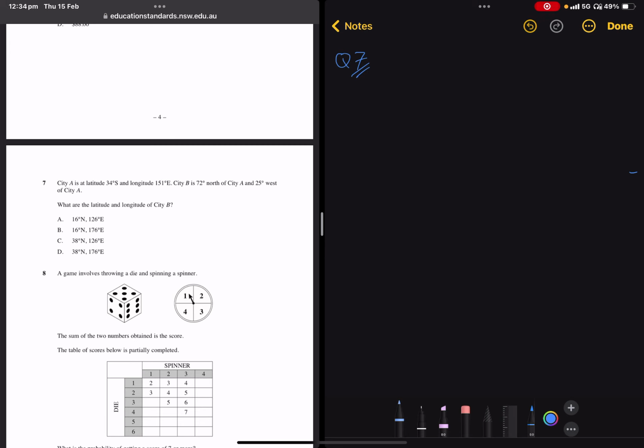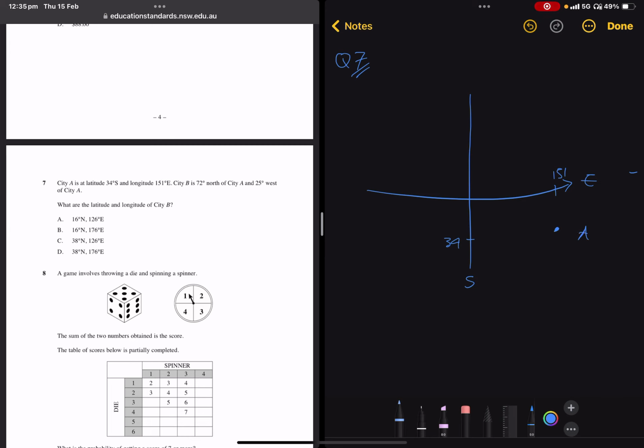Okay, so we'll just draw some lines. So City A is 34 degrees south and 151 east. So we'll call this east. We'll say this is 151 east. 34 south, we'll call this south 34. So City A is down here.